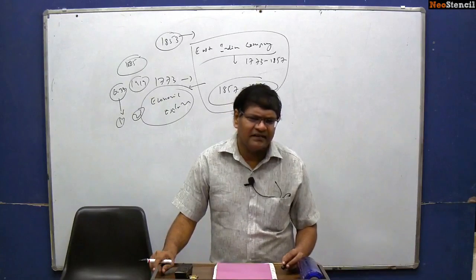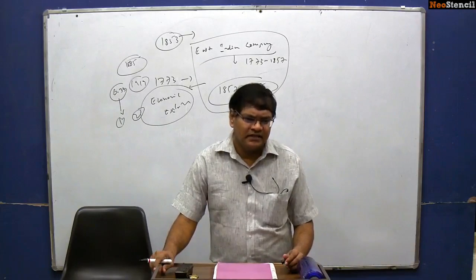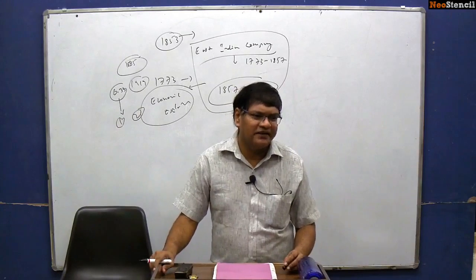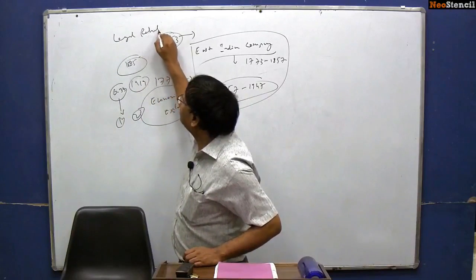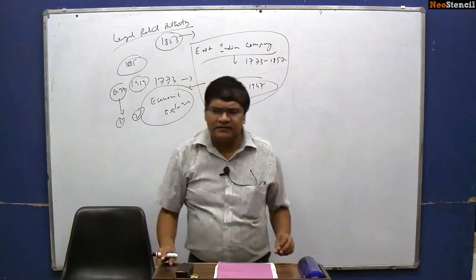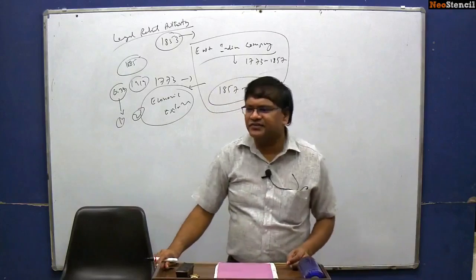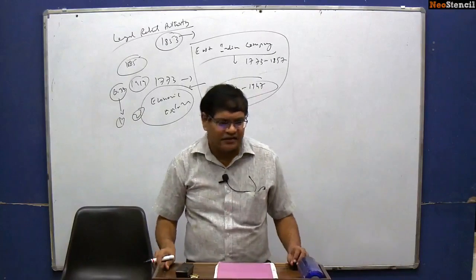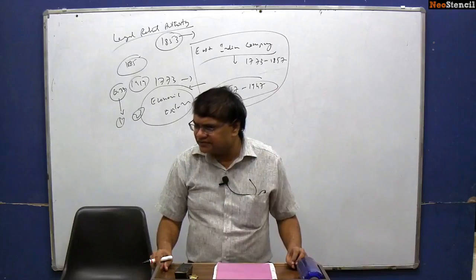That is the reason why we say that from 1857 onwards, what the British Parliament had introduced in India was the concept of legal rational authority. From 1857 onwards, they introduced what is called legal rational authority in India through various legislations.